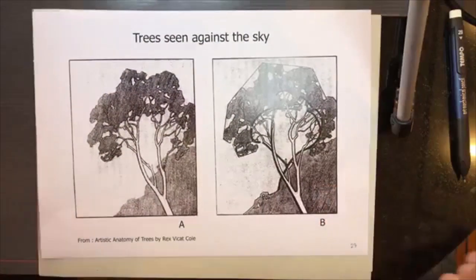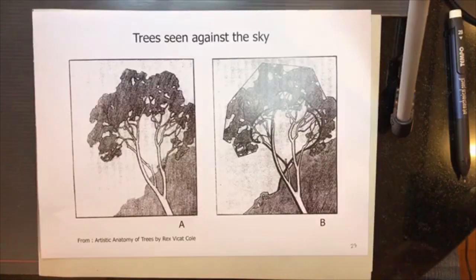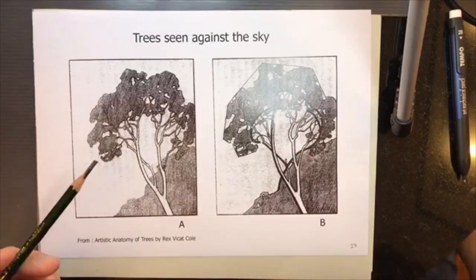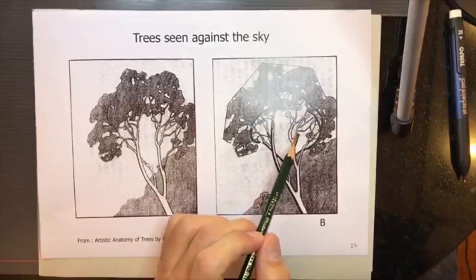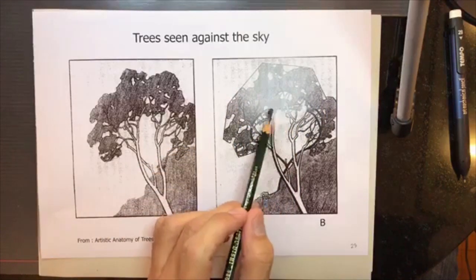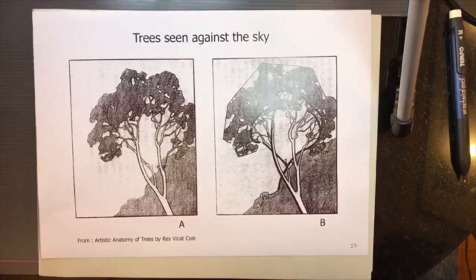And if the tree is closer or bigger, you still mind the outline and also mind the gap inside the tree, the gap that we can see through the tree to the sky.